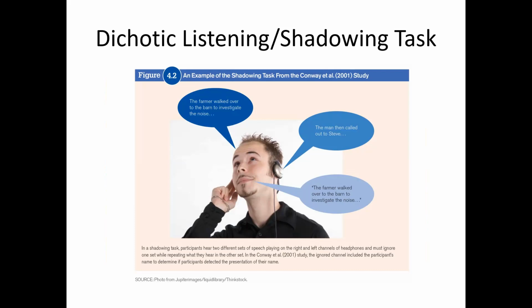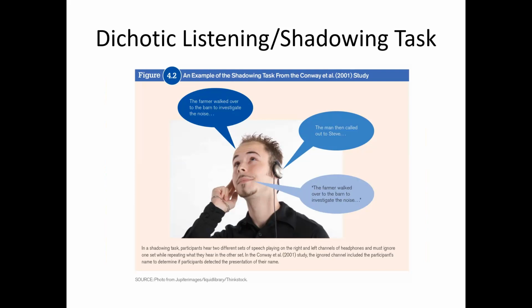And the question is, can we completely filter out the message to the unattended ear and attend only to the shadowed message? So they will try to focus on the man then called out to Steve, and maybe Steve is the participant's name. And then they are ignoring the farmer walked over to the barn to investigate the noise.